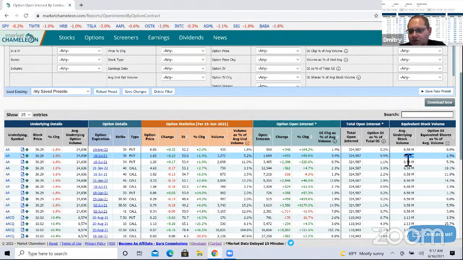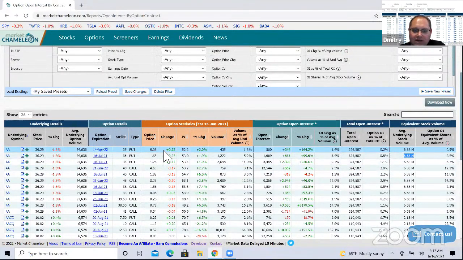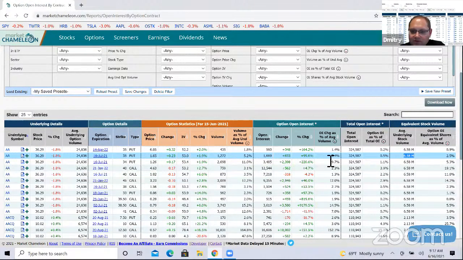Another metric we could use is, at expiration, let's say these options are in the money. If they're in the money, that means they're going to be automatically exercised and converted to stock.